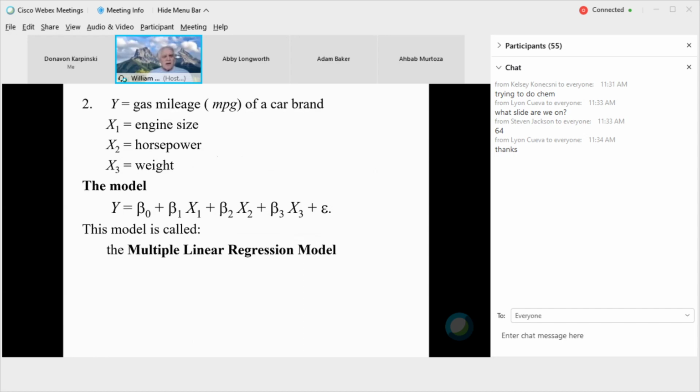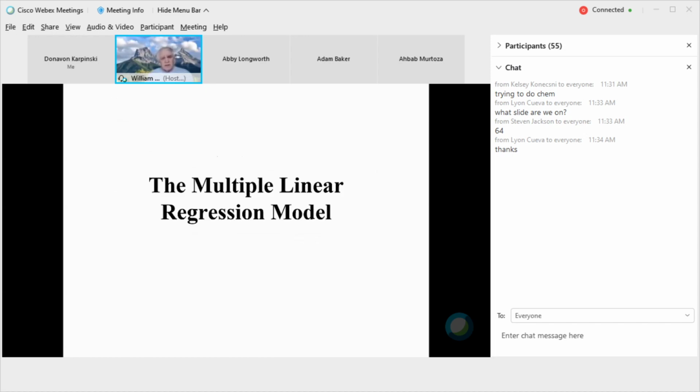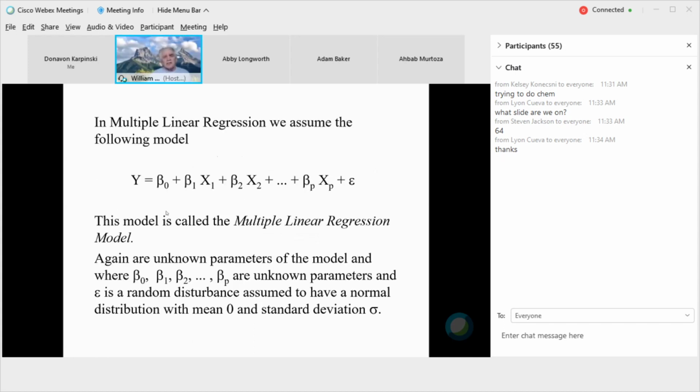If you increase the weight of the vehicle, mileage will go down. Whereas if the rate of decrease is constant, then it'll fit a linear model. Nonlinear models occur when the rate of increase is varying. So there's the multiple linear regression model. The multiple linear regression model assumes that y is a linear function of the variables x1, x2 up to xp.